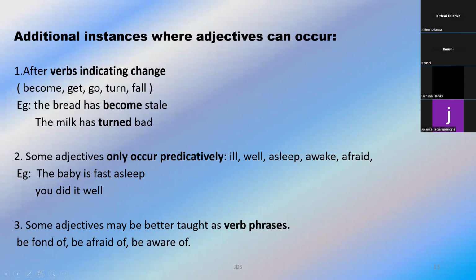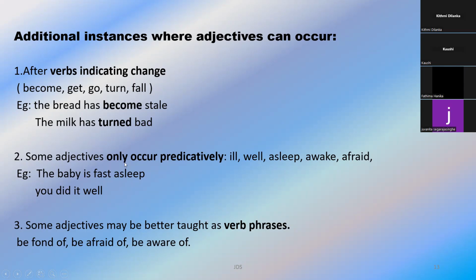These are verbs that indicate that there is some kind of a process taking place in that particular noun. The bread is undergoing a particular process like becoming bad. Milk has turned bad, right? So adjectives can also come after verbs indicating change.